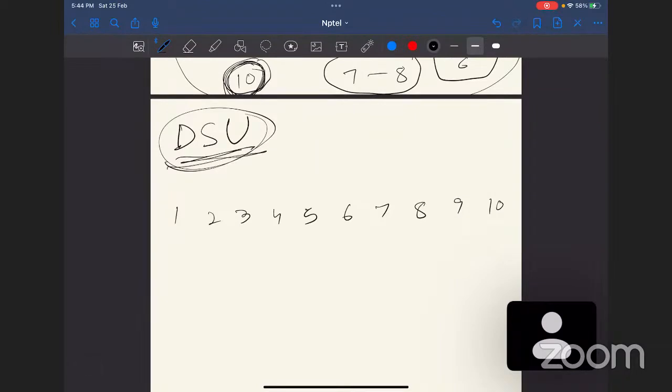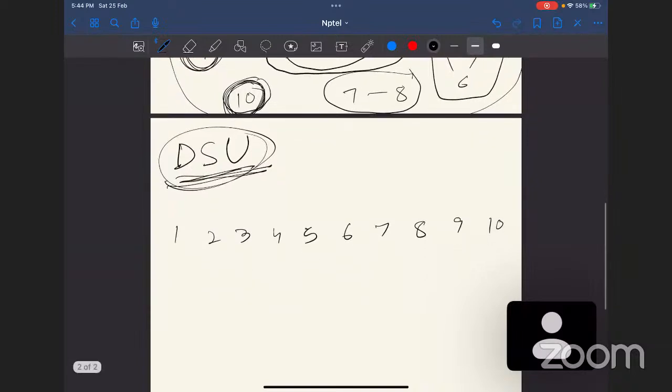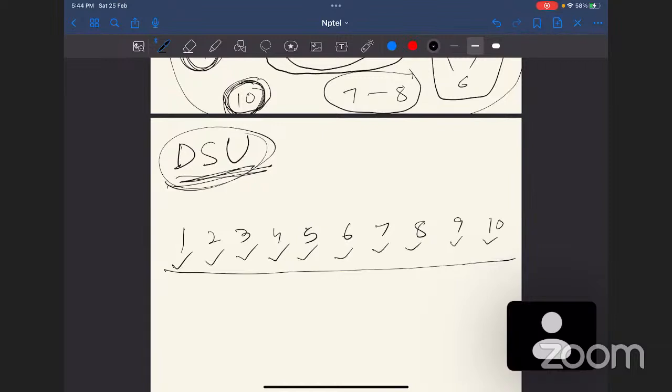What the disjoint set union says is that we need to union those vertices which are connected with each other, right? At first, when there is no edge between the vertices, every city is by itself a state.